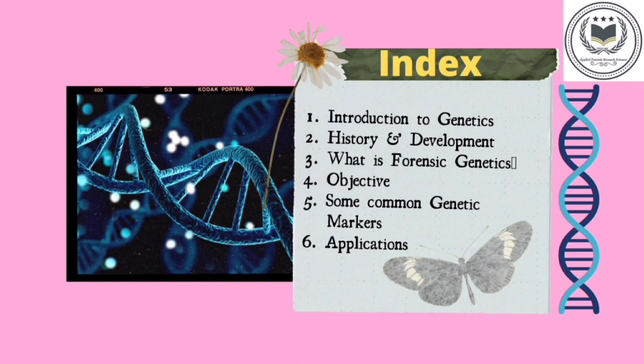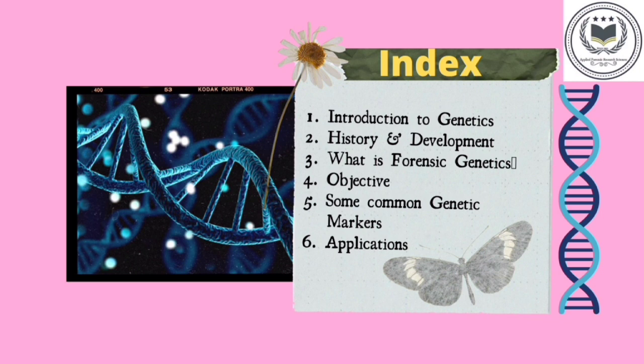So this is the index in which first we are going to learn a basic introduction of forensic genetics. Second, how genetics and forensic, both fields, came into existence together, which is the history and development of forensic genetics.